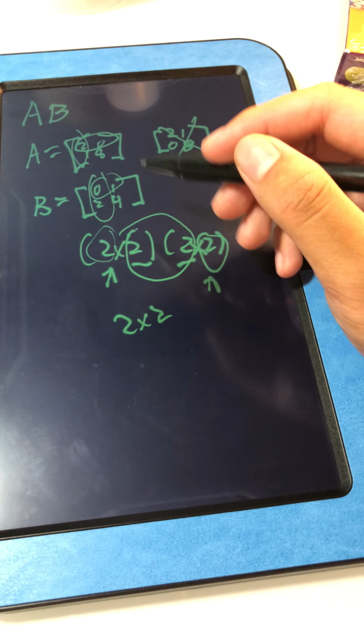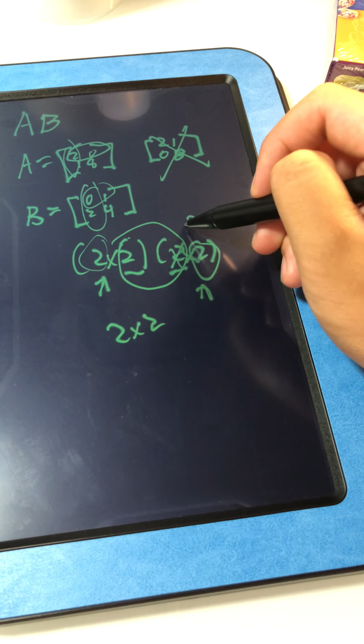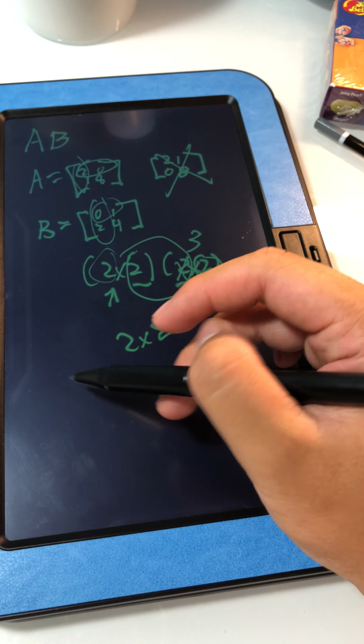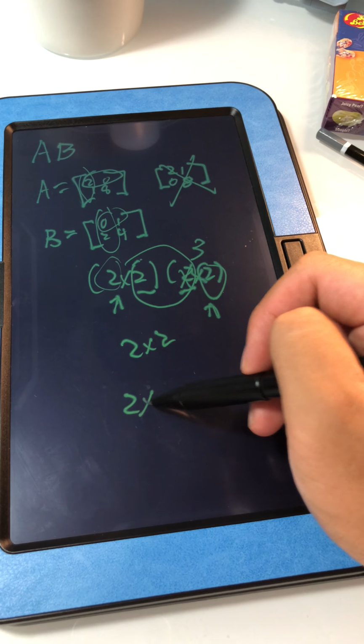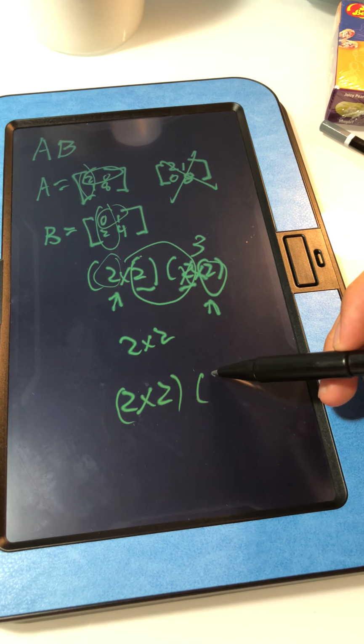Now let's say B has 3 rows instead of 2. Oh, let's look at that. So let's say it's still A times B. So 2 by 2 times a 3 by 2.